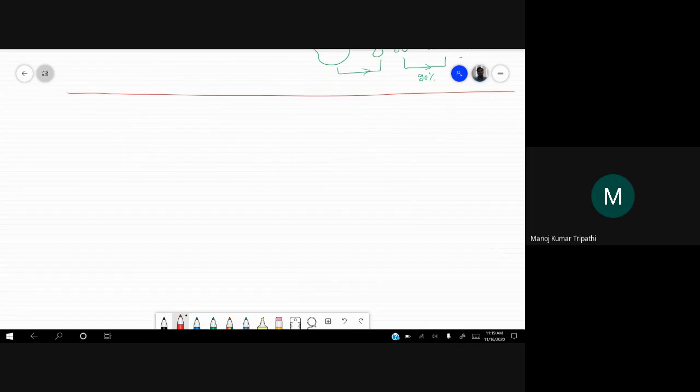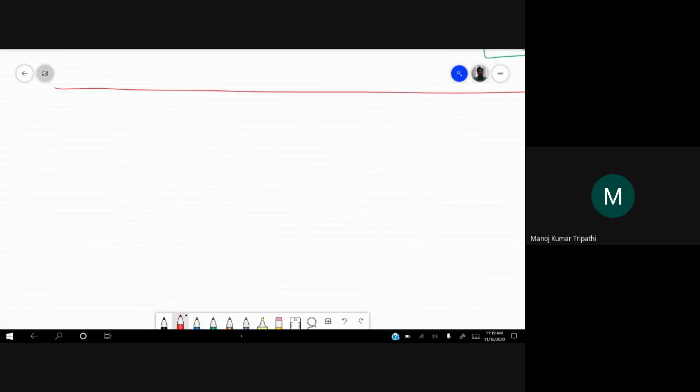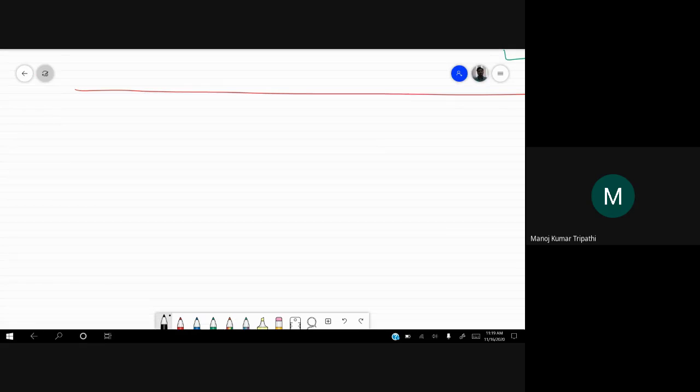So we'll discuss Bernoulli equation, which I can write here again. So this is a constant for a streamline, and given that all the assumptions are correct, it is frictionless flow and so on.